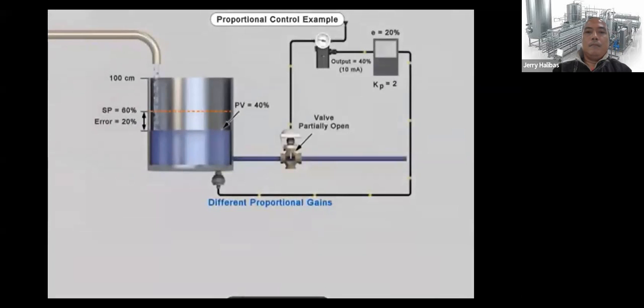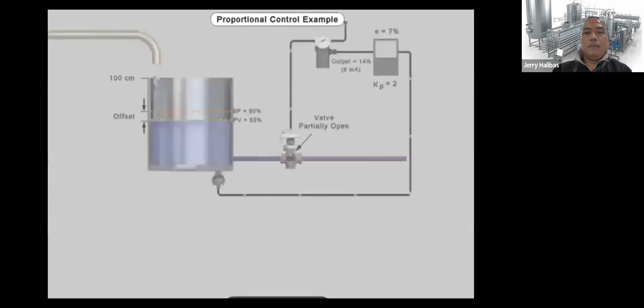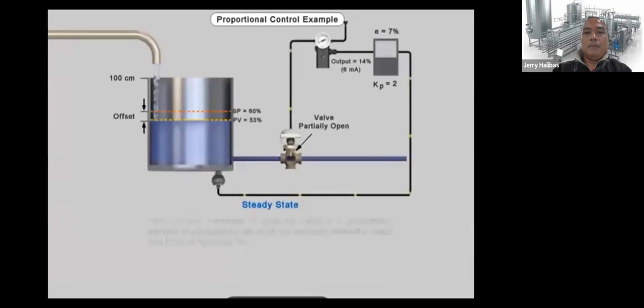Different proportional gains. The point at which the controller begins to control the level proportionally depends on the gain setting. A low gain results in proportional control over a wide range of the valve's travel. A high gain results in proportional control only in a small range of the valve's travel. Steady state.